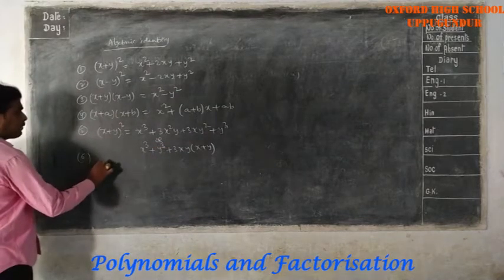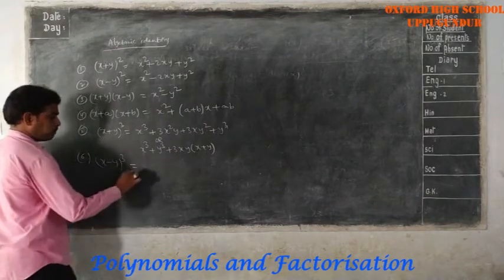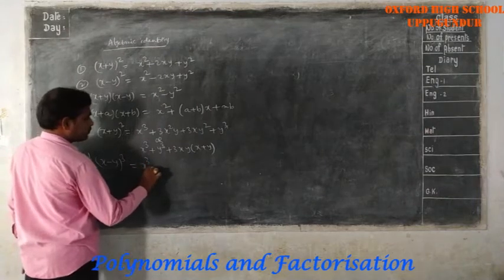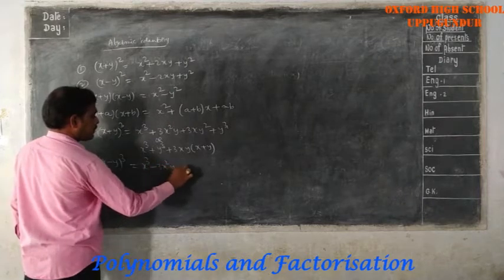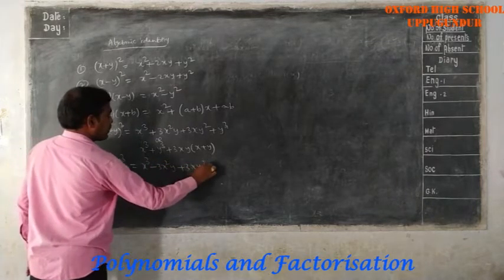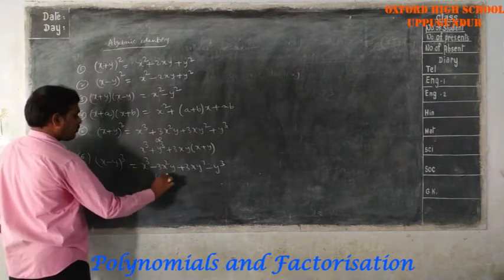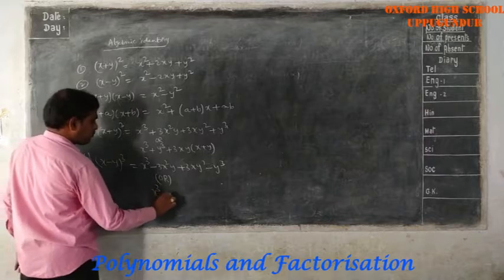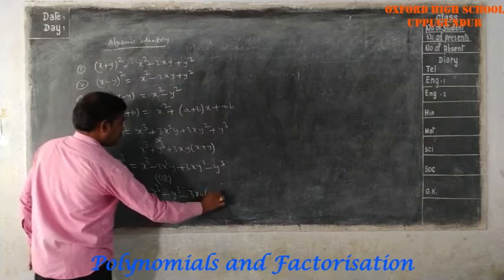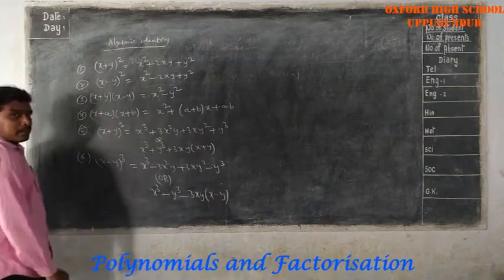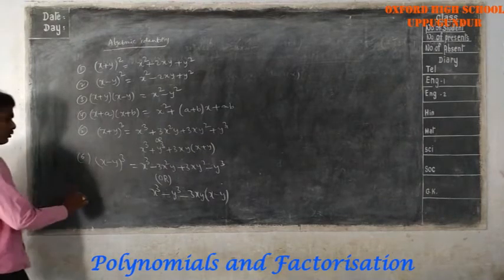Next, sixth one. (x minus y) whole cube equals x cube minus 3x square y plus 3xy square minus y cube. For this also you have another formula: x cube minus y cube minus 3xy of (x minus y). This is (x minus y) whole cube.